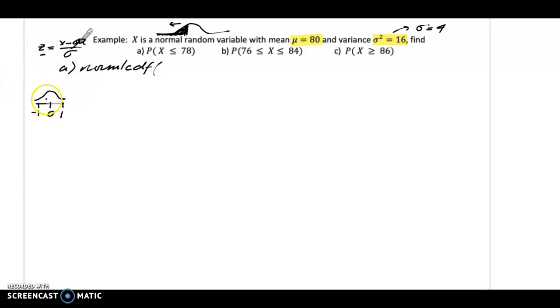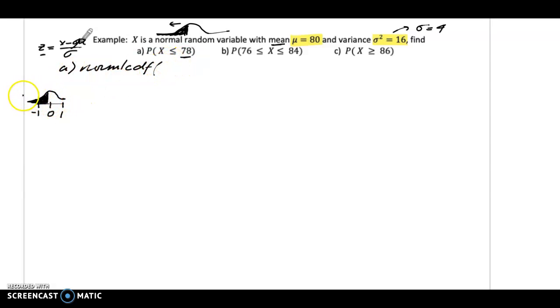Z will tell you on which side of the mean you're on. Because this is the mean, I know I'm on this side, so I'm pretty close to the mean. So I know I'm somewhere there, right? So I can actually just put that in.